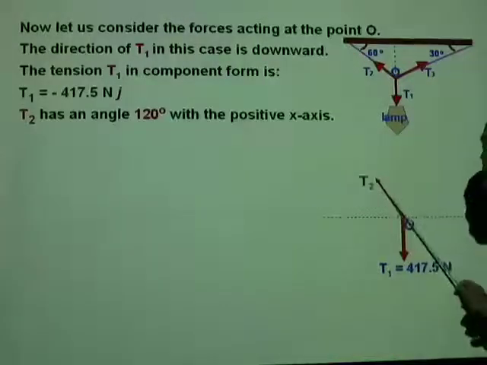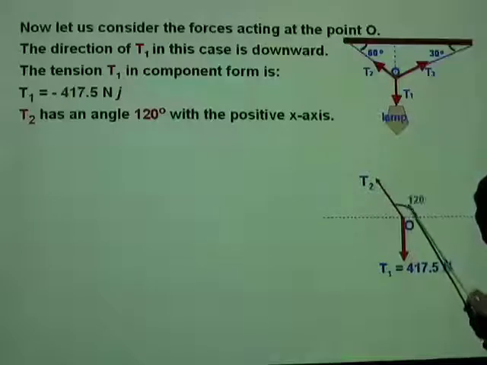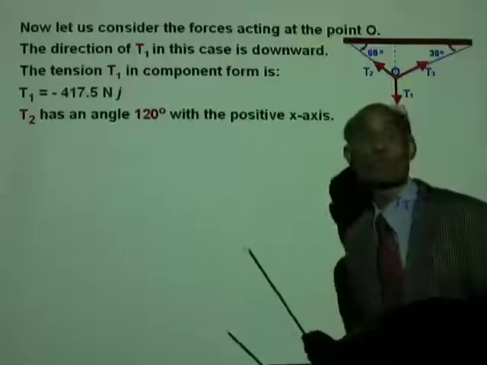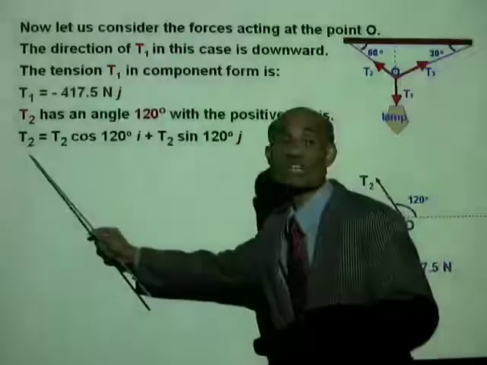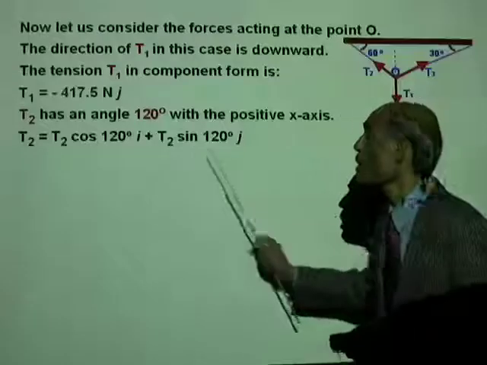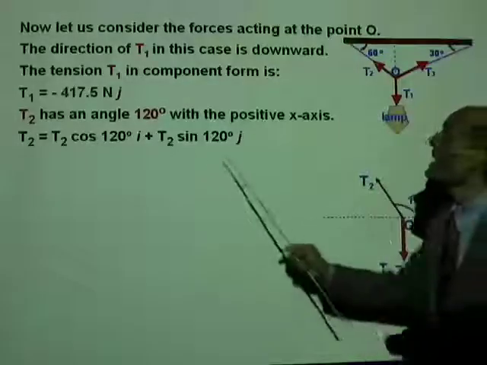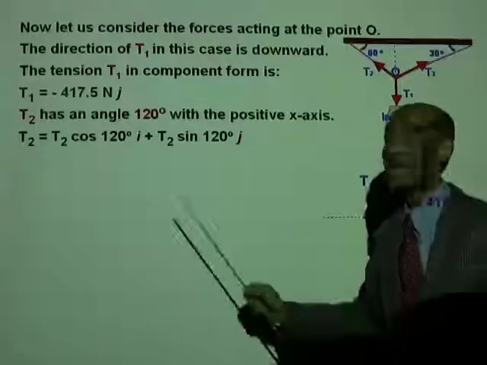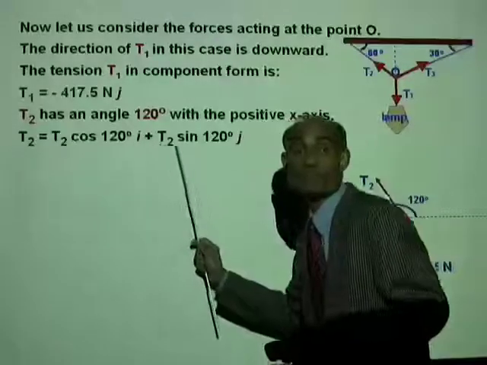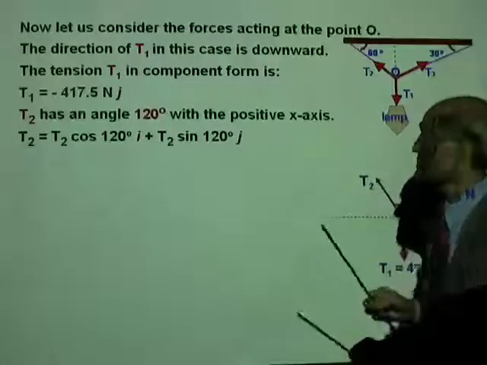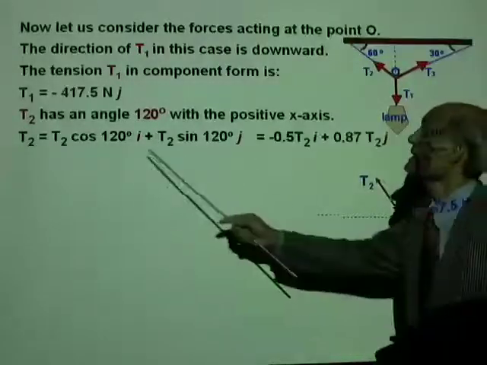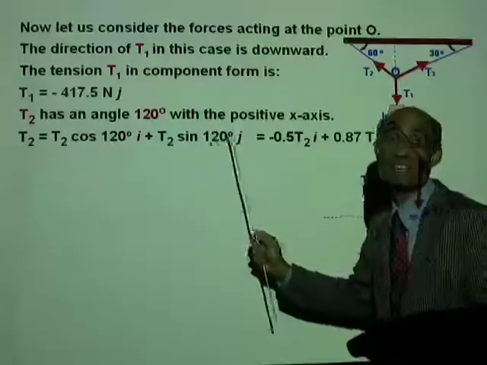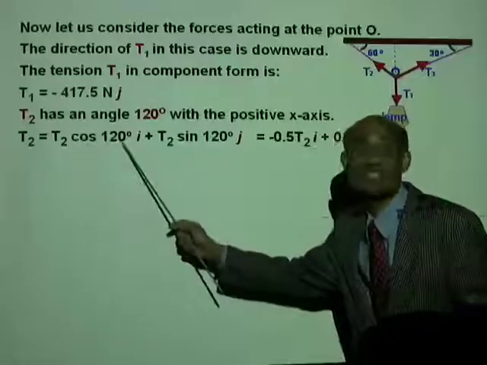Now this is T2 that makes an angle of 120 degrees. Can you write T2 in the component form? Therefore, T2 will be T2 cos 120 degrees I plus T2 sine 120 degrees J. The x component of T2 plus the y component of T2. And that will be, using the values of cos 120 and sine 120, you know cos 120 is negative.